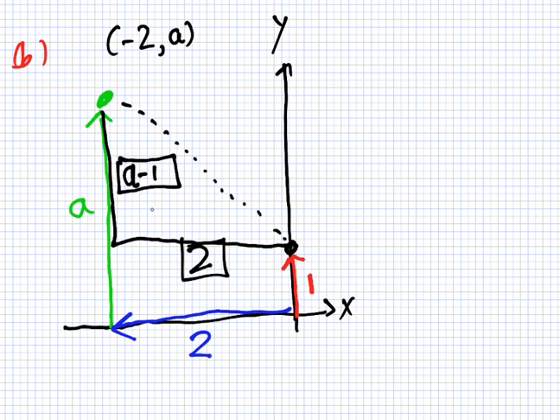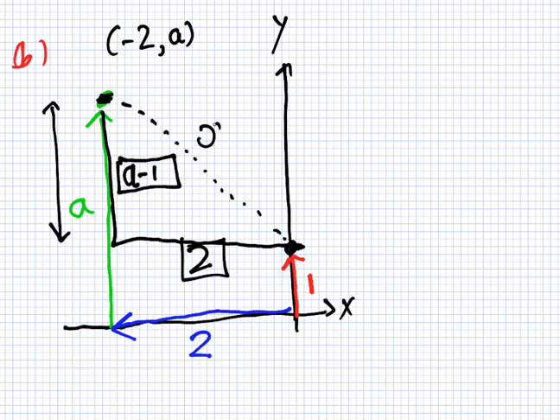How high is this point? A. See, I have it in green and everything, it's A. And how high is this point? 1. So what is the height in between? A minus 1. Alright?